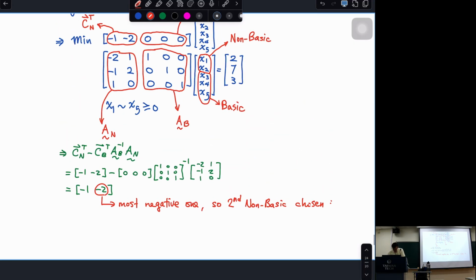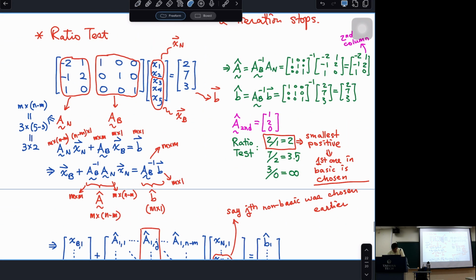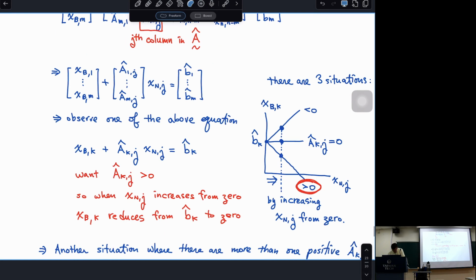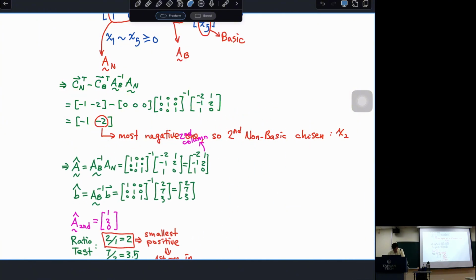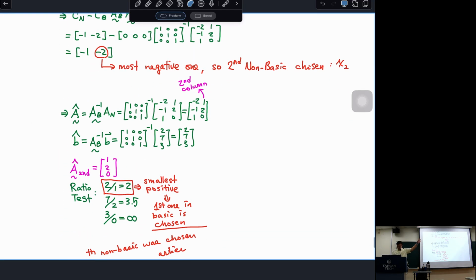And then what we did next was we compute for A hat and B hat, and we need to recognize that because you chose the second non-basic, the second column of A hat is to be investigated, and you do the ratio test.